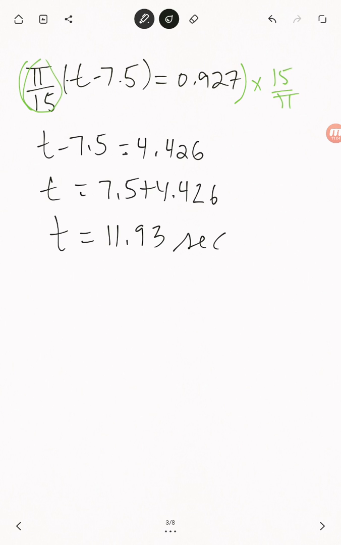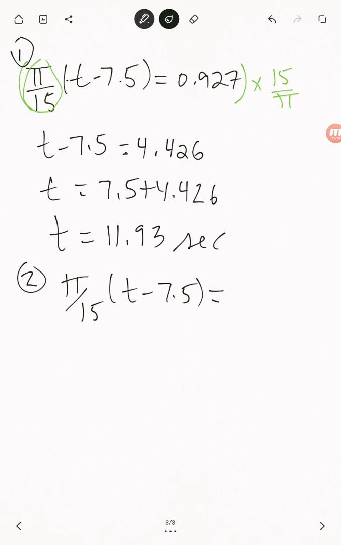My second answer, so this was answer 1. Answer 2 comes from the equation pi over 15 times t minus 7.5 equals 2.215, which was my angle in the second quadrant. So I'm not going to go through all the steps to isolate t because they're exactly the same as what I did in the first case.